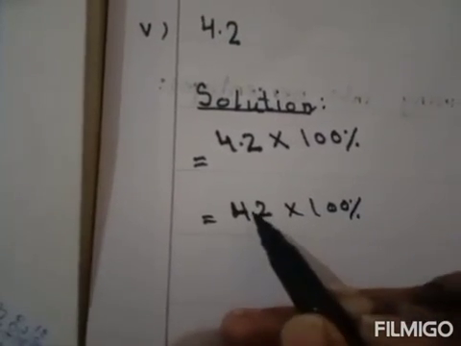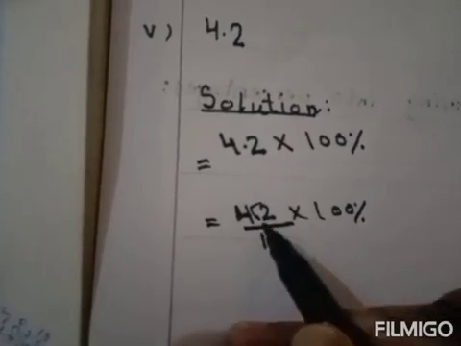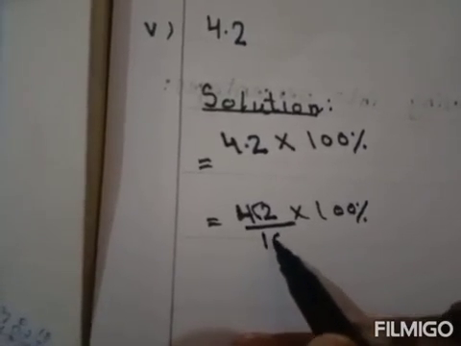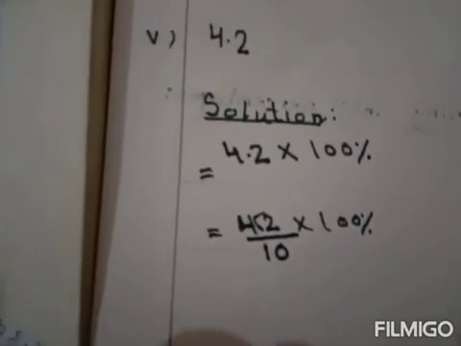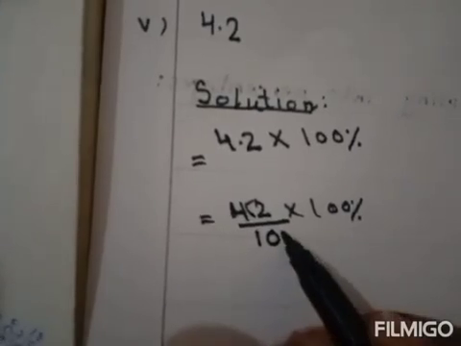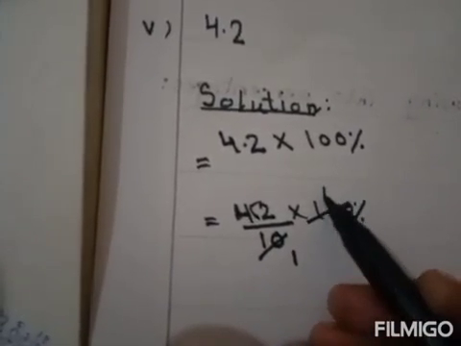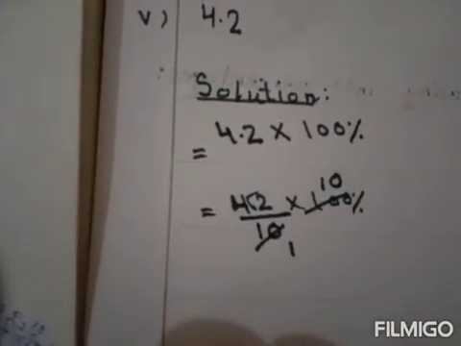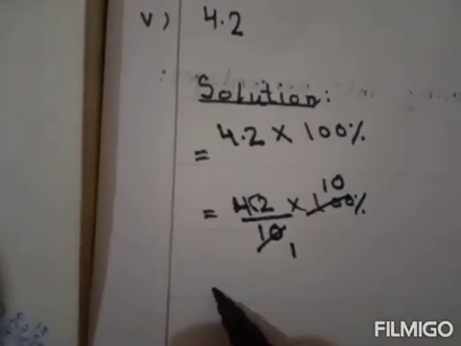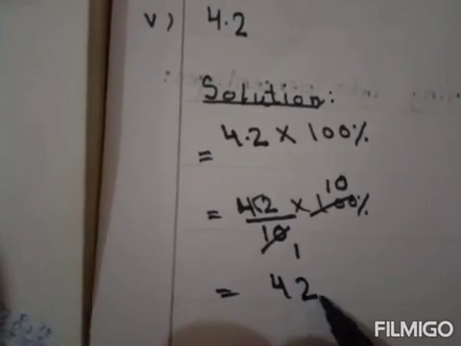Now you can remove the point. When we remove the point, we place 1 and there is one number after the point, so we will place 0. Here we can easily cut 10 and 100. So 10 ones are 10, 10 tens are 100. 42 into 10 is equal to 420%.